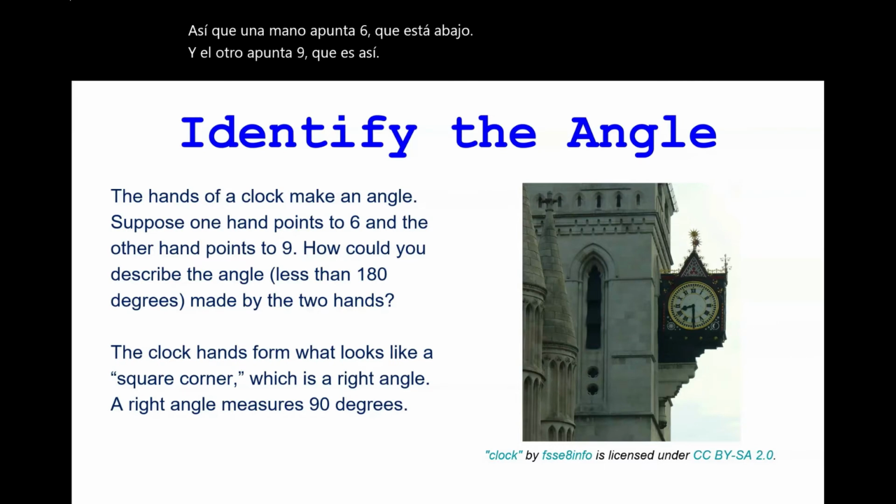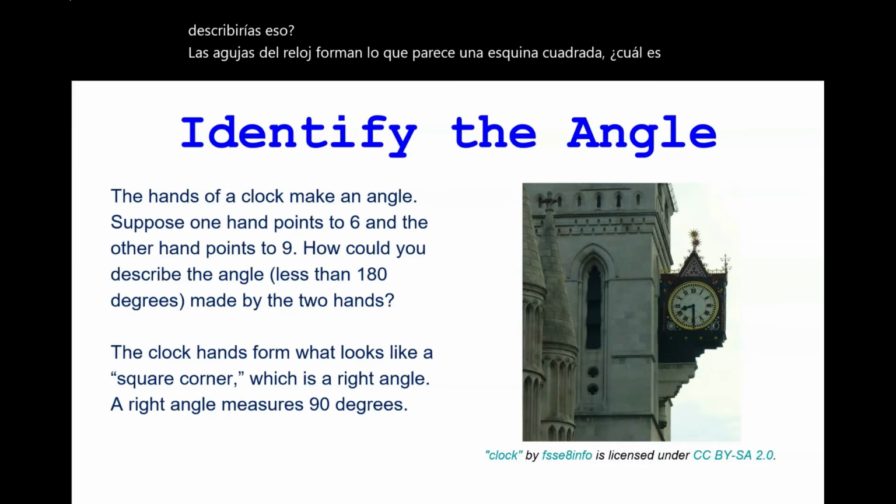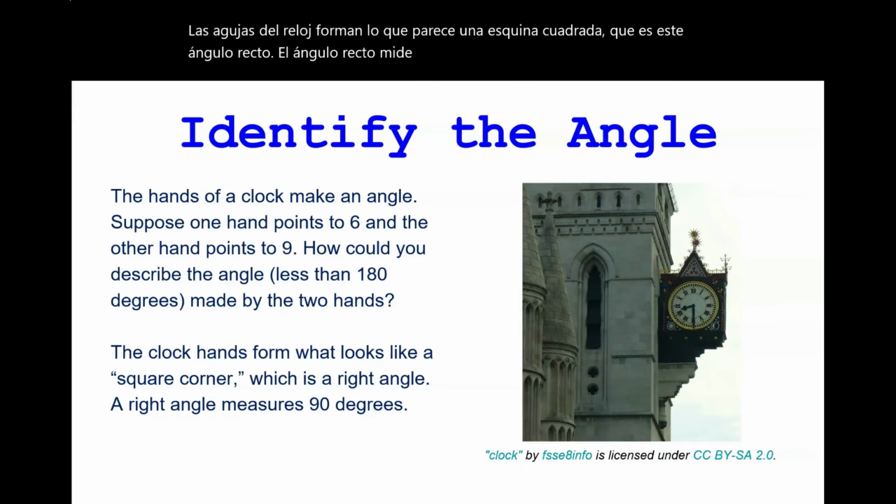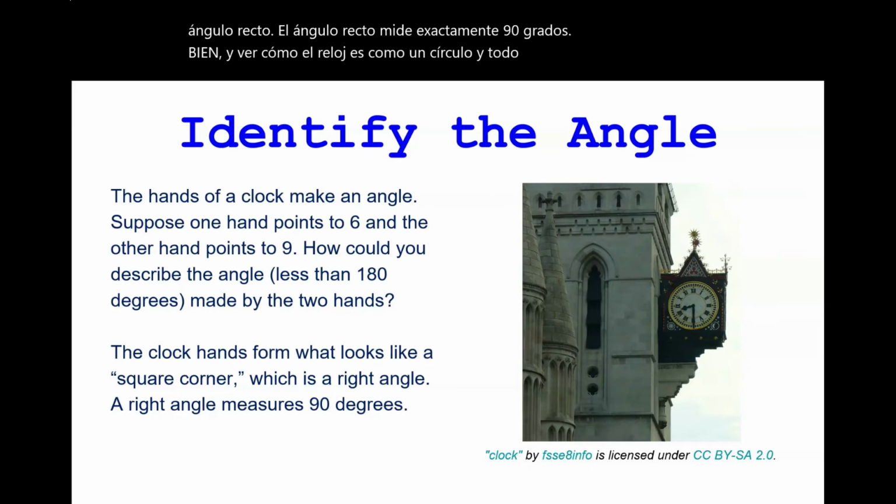So basically like this. So how would you describe that? The clock hands form what looks like a square corner, which is a right angle. A right angle measures exactly 90 degrees. Okay, and see how the clock is like a circle, and the whole thing has 360 degrees.